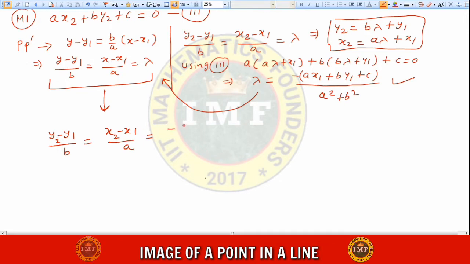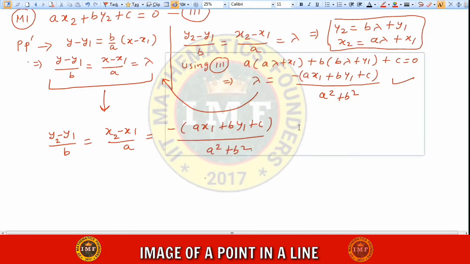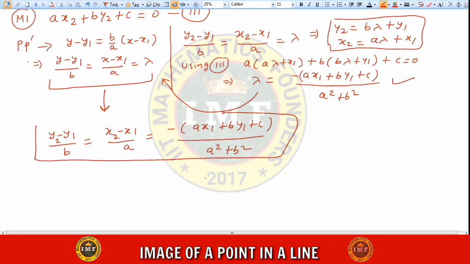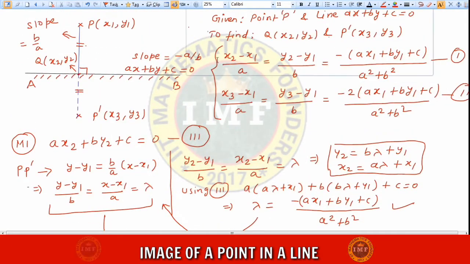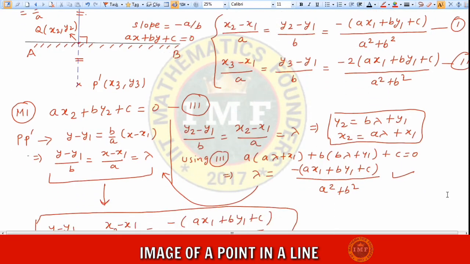So this is equal to minus of ax1 plus by1 plus c divided by a square plus b square. This is my first formula which I had to prove. We can see this was our first formula which I had written: x2 minus x1 by a is equal to y2 minus y1 by b is equal to minus of ax1 plus by1 plus c by a square plus b square.